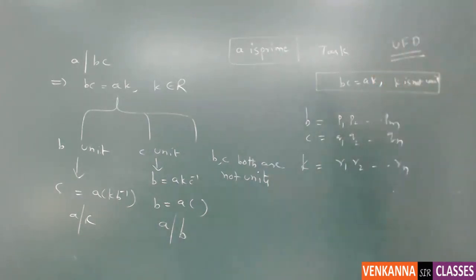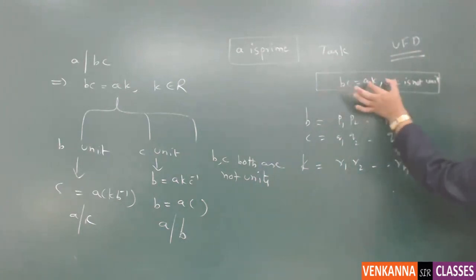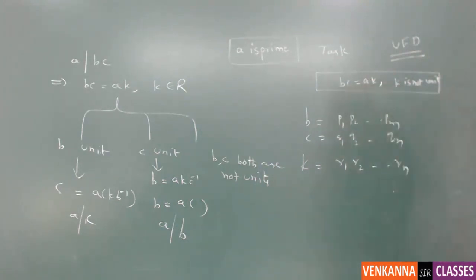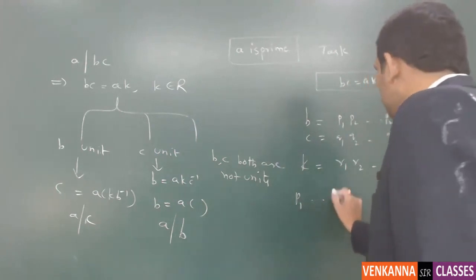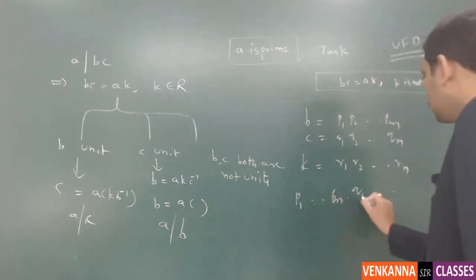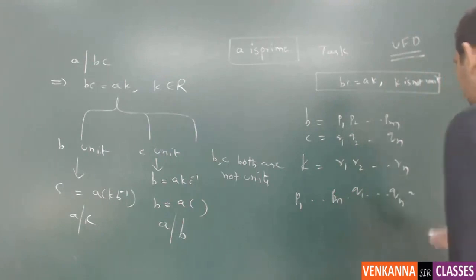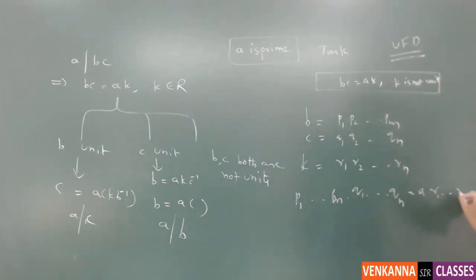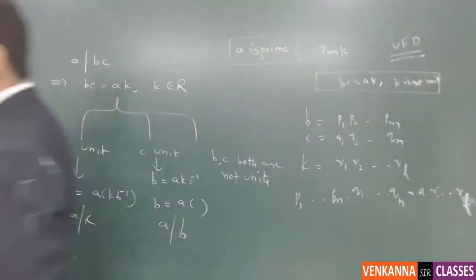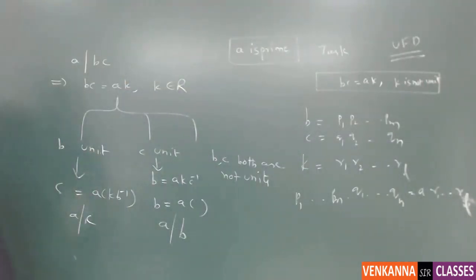As we know that these two values are equal, substituting here, P1, P2, so on Pm into Q1, Q2, so on Qn is equal to A into R1, R2, so on Rn. I have taken M, N, say this is L. Okay? Did you agree? The factorization condition? Right.